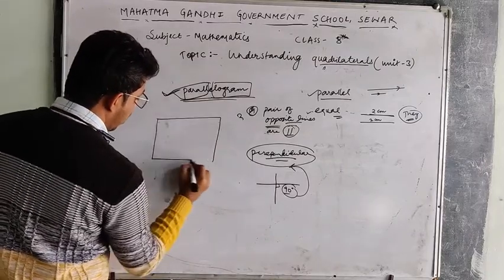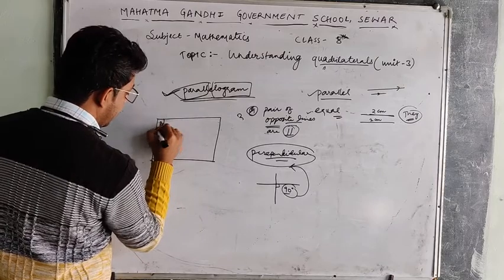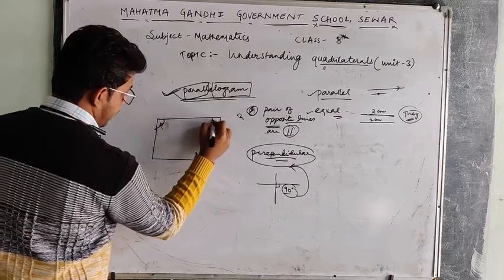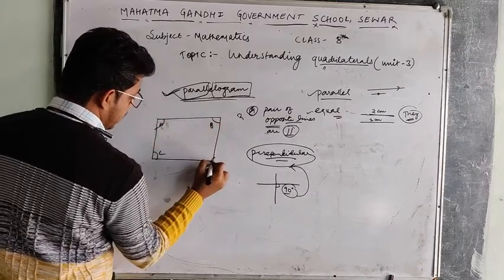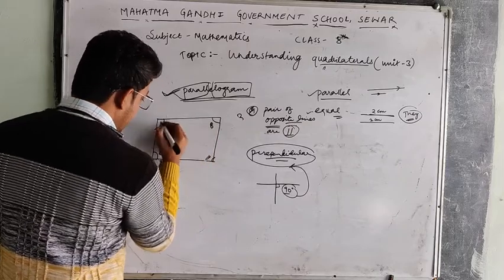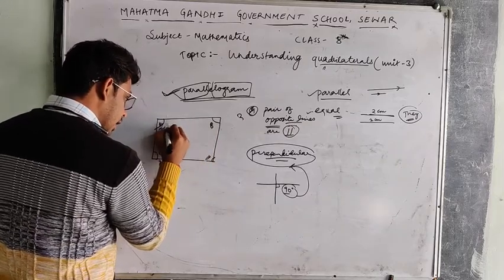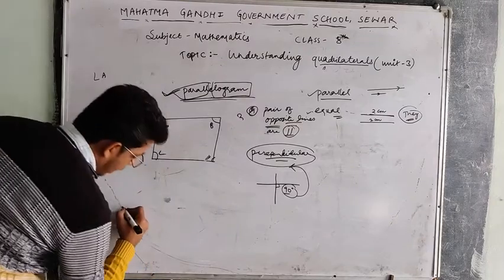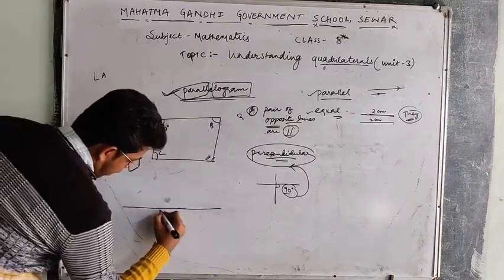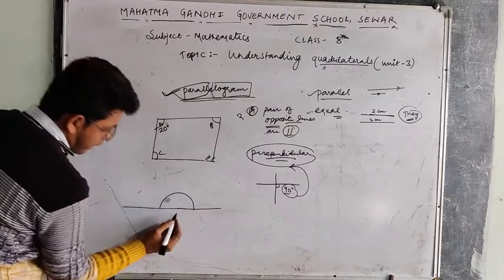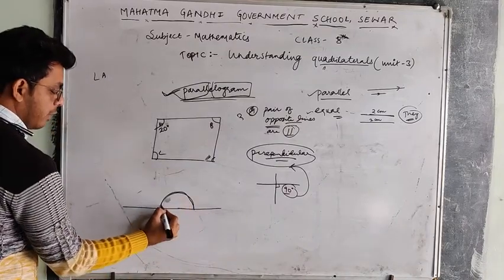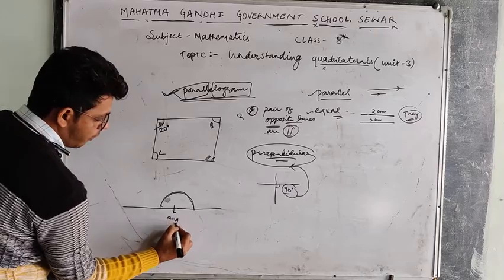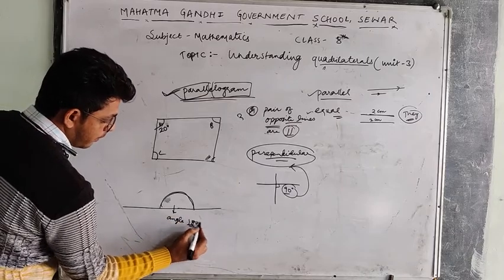If I draw a structure with angle A, angle B, angle C, and I write this is 20 degrees, and I draw a line, this half circle forms an angle of 180.